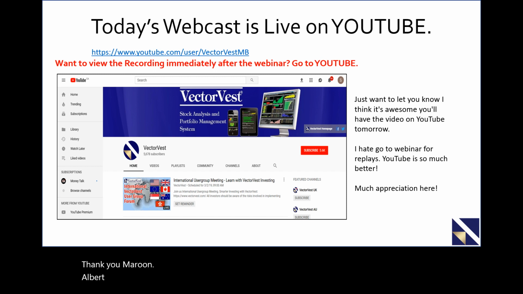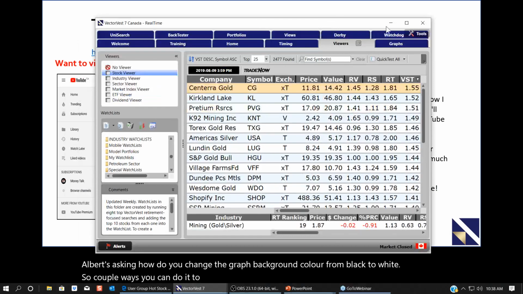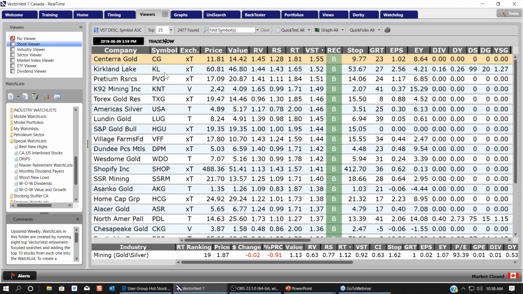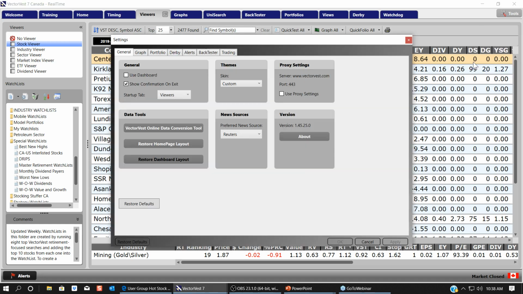Albert is asking, how do you change the graph background color from black to white? So a couple of ways you can do it, Albert. Here I'm back in VectorVest, and I can just go to the Tools tab up at the top right, left click on it, click on Application Settings.